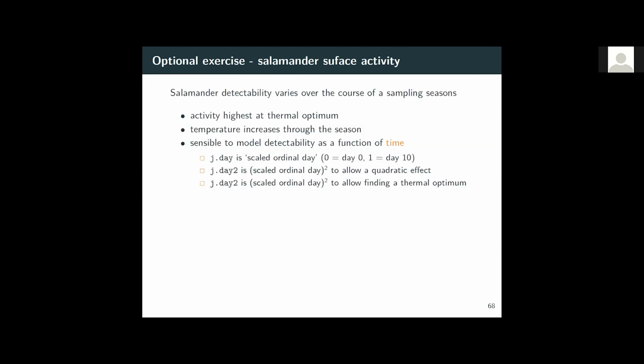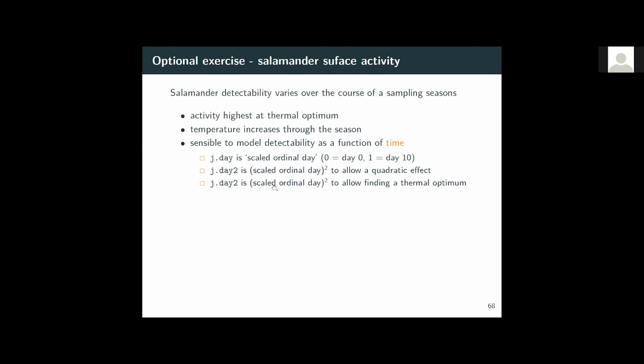J day is a scaled ordinal day, where 0 is day 0 of sampling, and a unit of 1 is day 10. So every 1 unit represents 10 days. And then the covariate J2 is the squared version of that scaled ordinal day. The reason we're interested in having a squared term is that it allows us to model nonlinear effects, so quadratic effects.